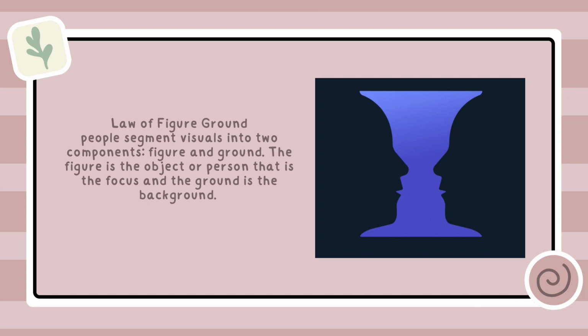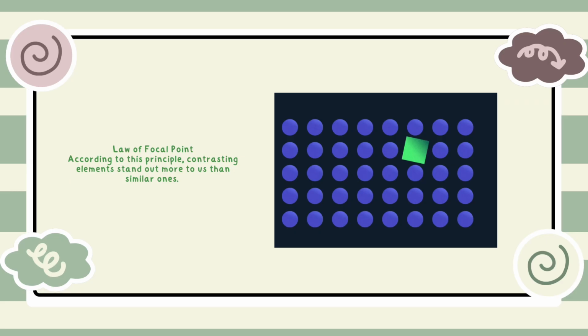In this picture, there are two situations. The first is that people will see a tall vase, while the second is that people will see two men facing towards each other. So that is the law of figure ground.